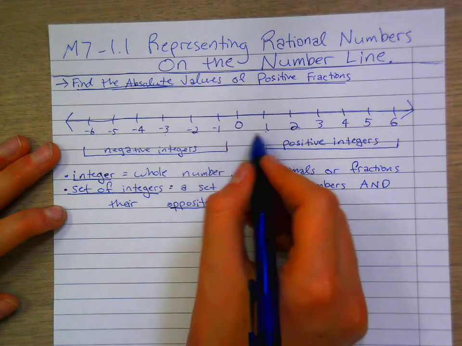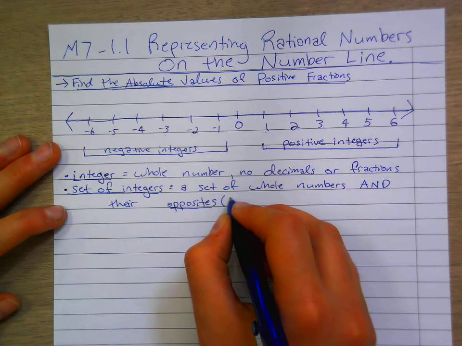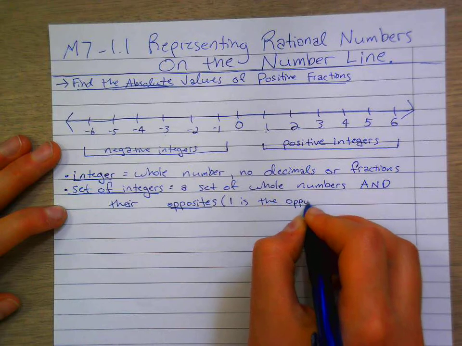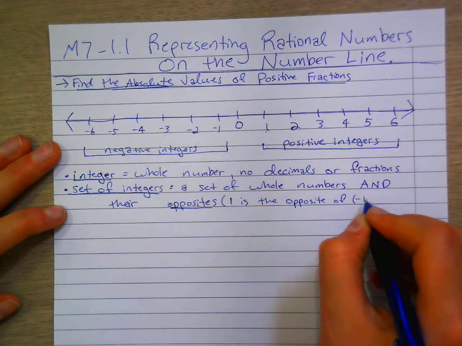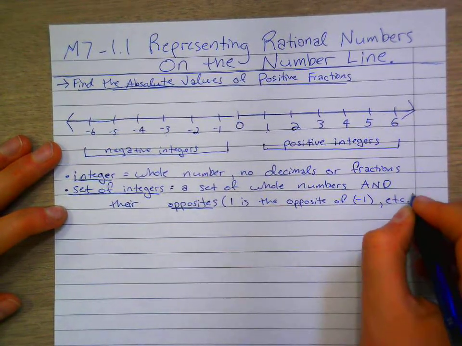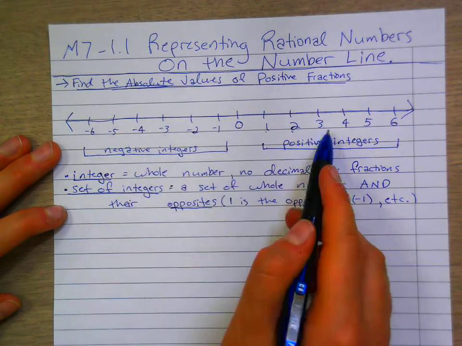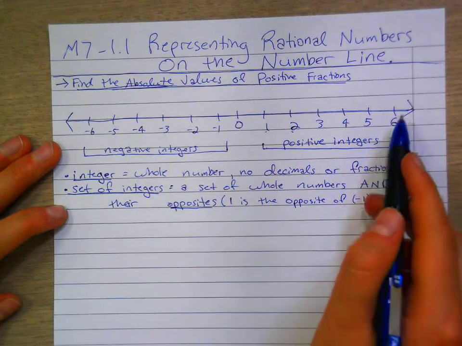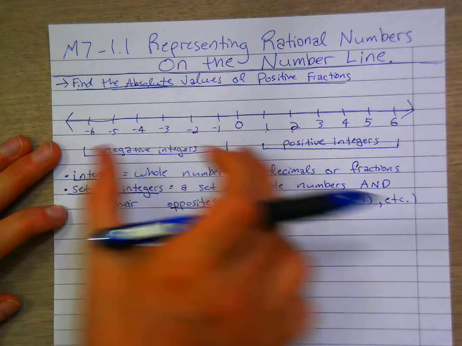For example, 1 is the opposite of negative 1, etc. Meaning 2 is the opposite of negative 2, negative 3 is the opposite of 3, 4 is the opposite of negative 4, negative 5 is the opposite of 5, 6 is the opposite of negative 6. When we have these opposites, that equals a set of integers.